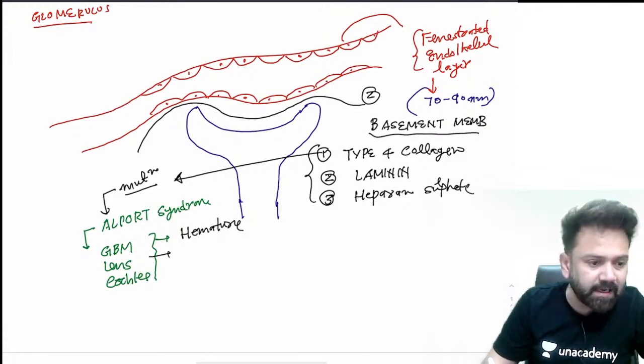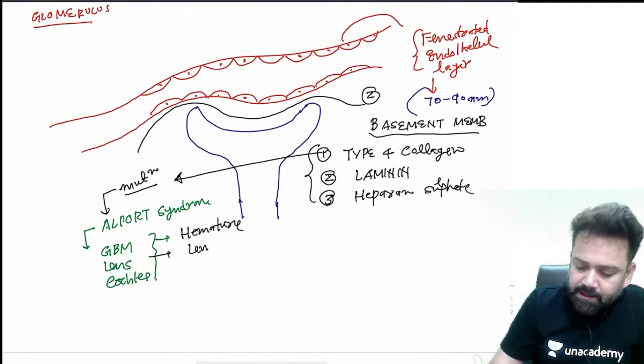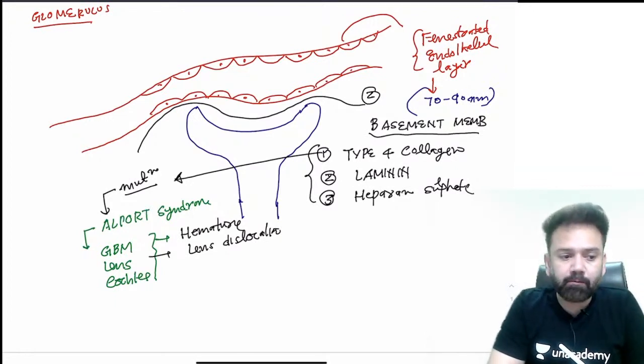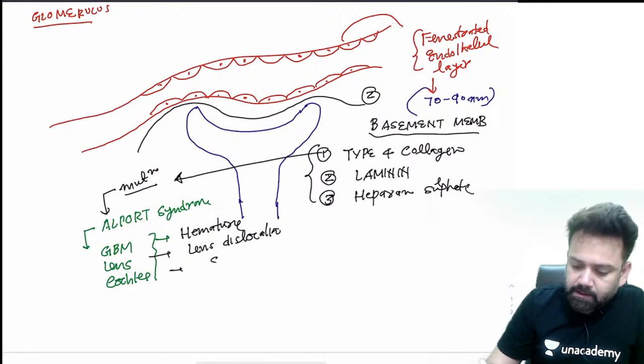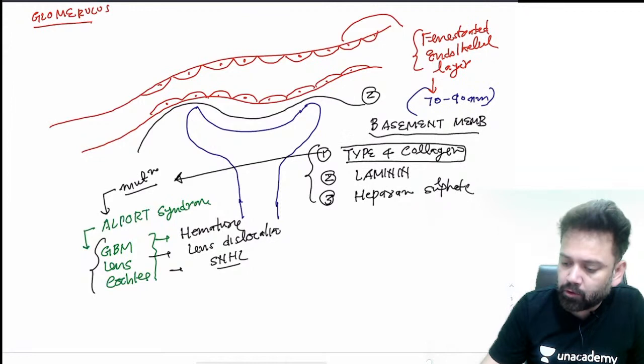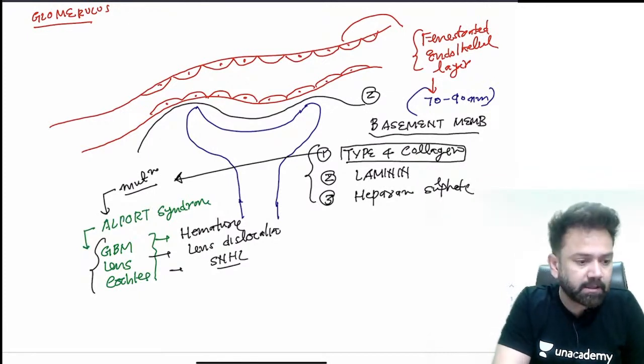Because of the lens, patient can have dislocation of the lens, and because it is also in the cochlea, there can be sensorineural hearing loss or nerve deafness. So these can be the features of Alport syndrome because of mutation of type 4 collagen, which is the component of basement membrane, not only in the GBM but also in the lens as well as cochlea.